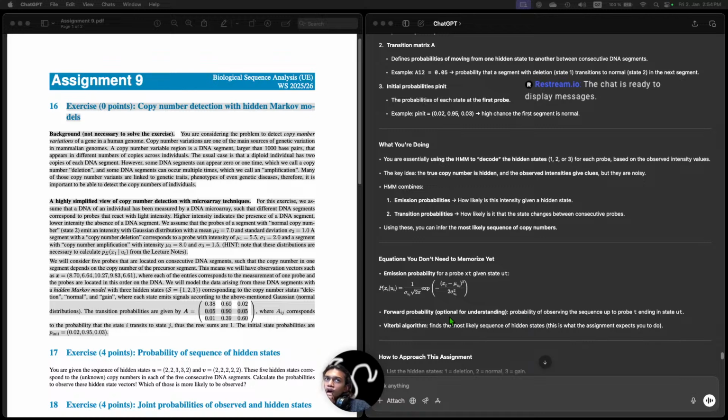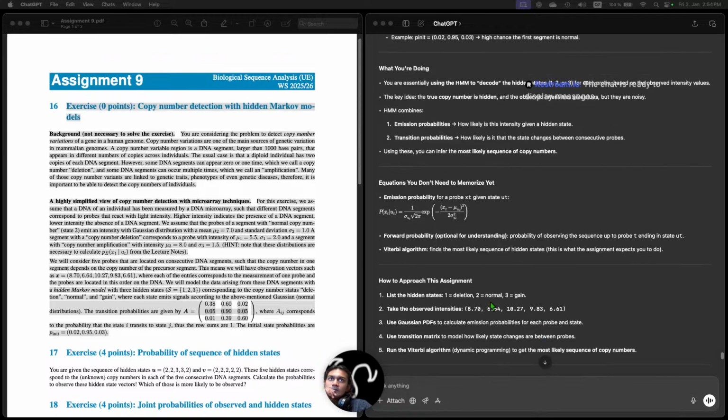Forward probability, optional for understanding: probability of observing the sequence up to the probe t, ending with the state ut. Viterbi algorithm. List the hidden states. Take the observed intensities. What's the observed intensities?